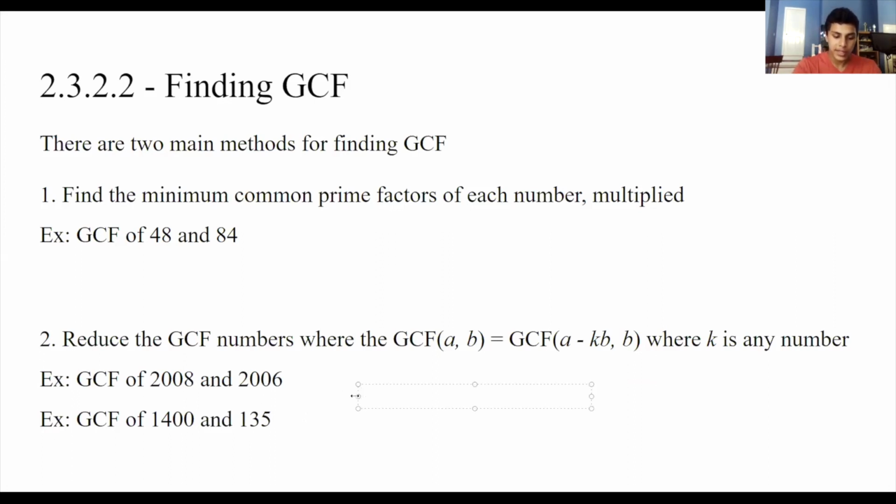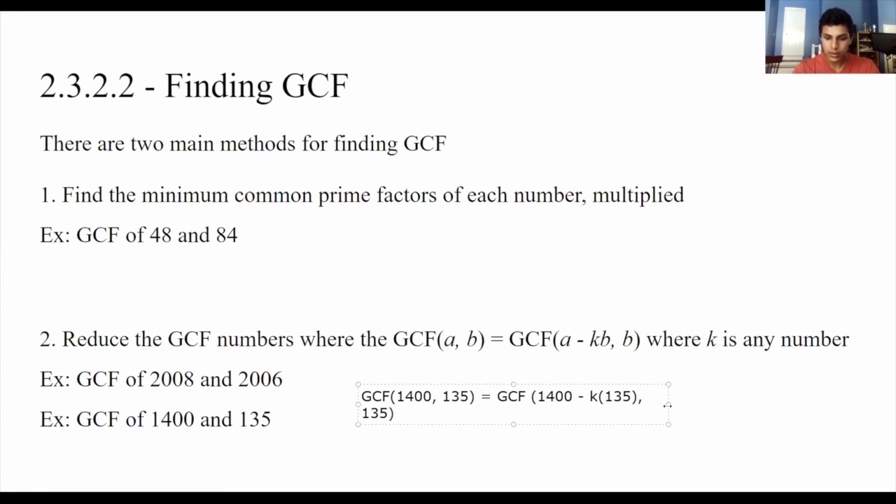So I'll use this method and I'll write GCF of A and B, which is 1,400 and 135, is going to be equal to the GCF of A minus KB, which is 1,400 minus K times B, which is 135, and then B, which is 135.